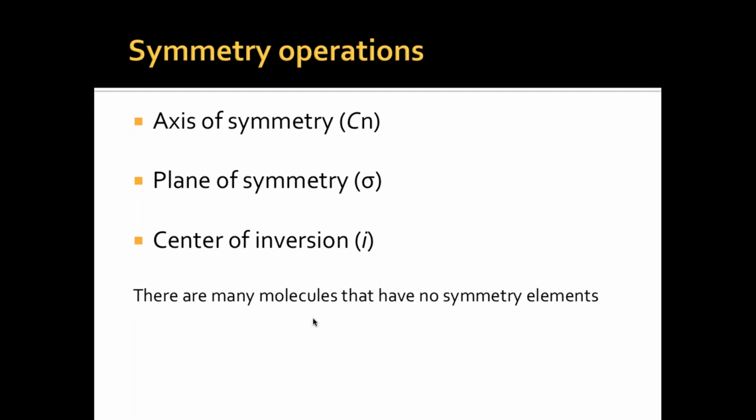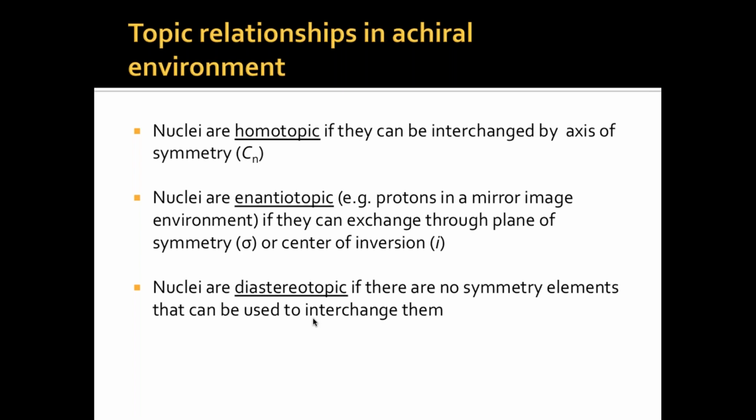I'm not going to give details on those because that will be out of my topic for today, but just in brief, we have different kinds of topic relationships in a chiral environment: homotopic, enantiotopic, diastereotopic. Homotopic protons can be interchanged by an axis of symmetry.